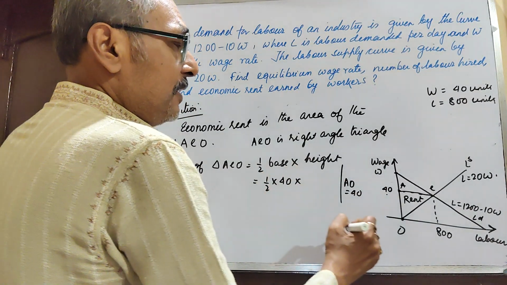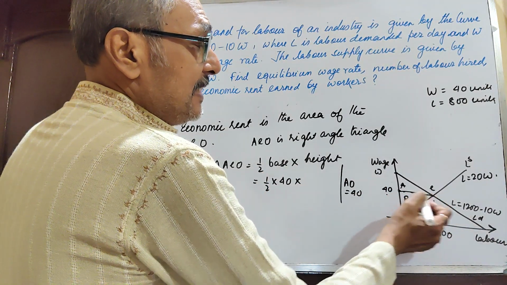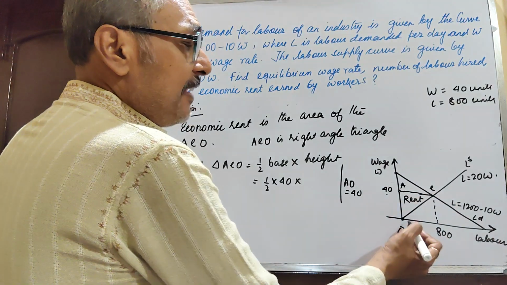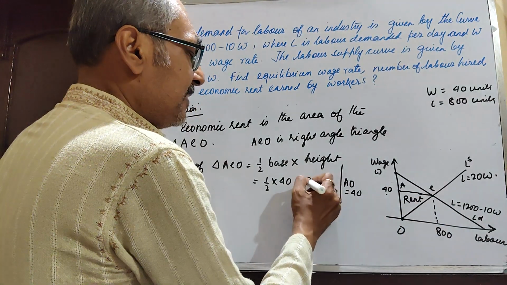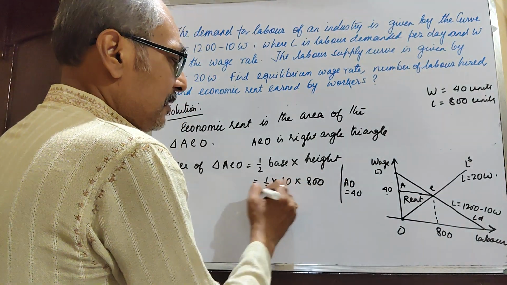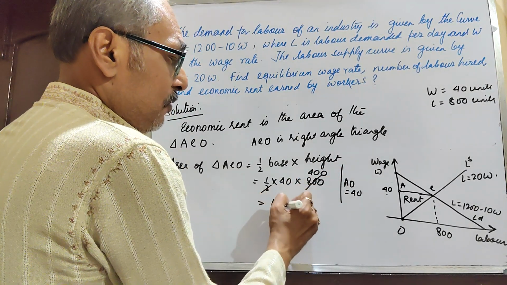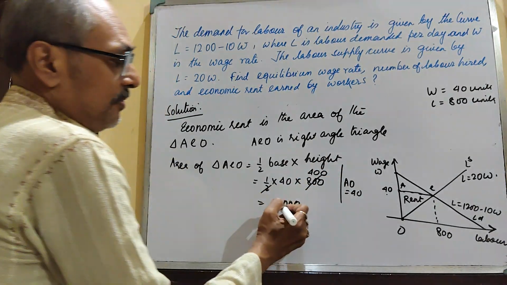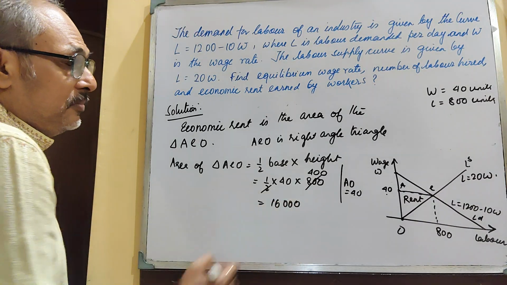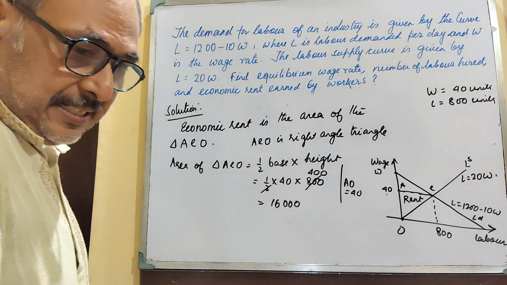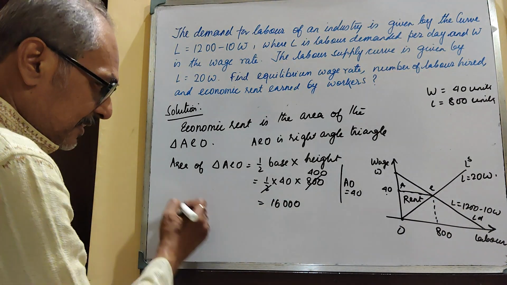And what is the height? Height is AE. AE is basically 800. Half of 40 into 800 is 16,000. This is the economic rent.